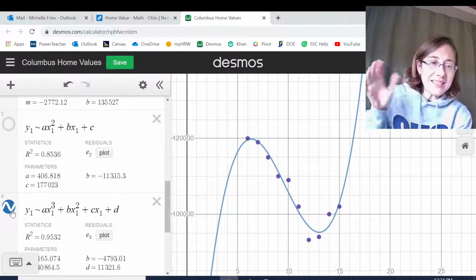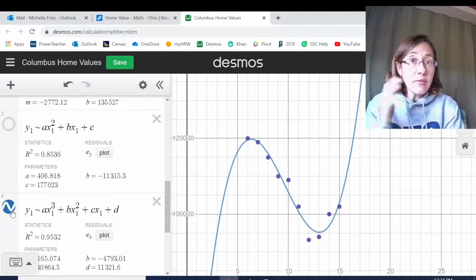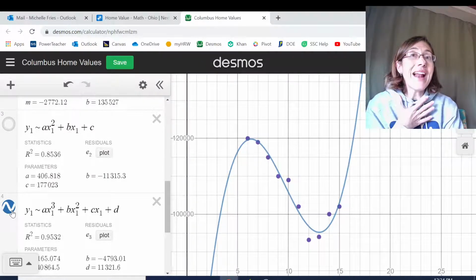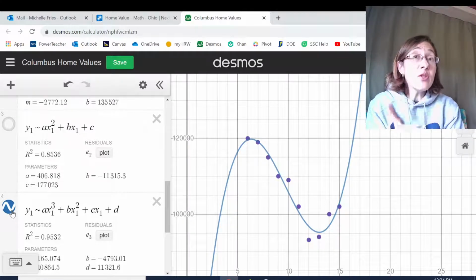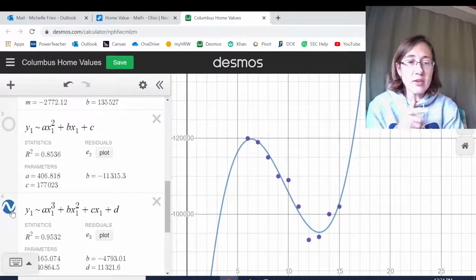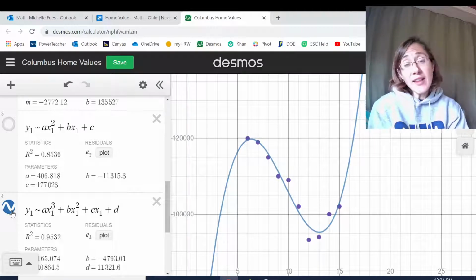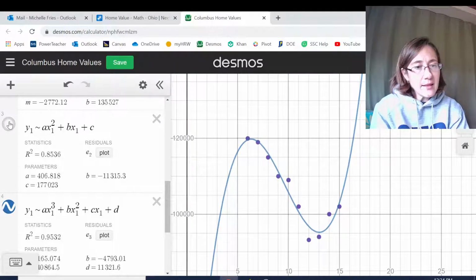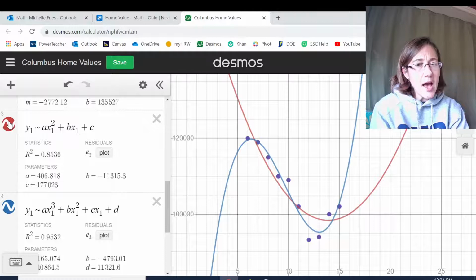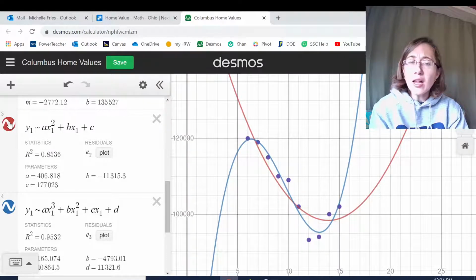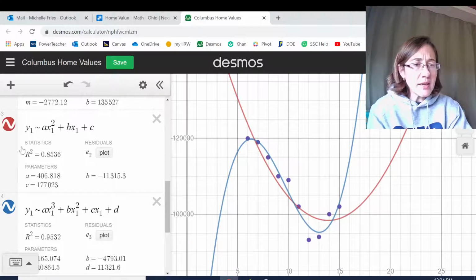They're the coefficients, or d is the constant on the end, in front of each of those terms, but I don't know what they are, so I want the computer to tell me what they are, and it is. I'll show you that in a minute. Okay, so I feel like that's a much better fit than this quadratic, because it's just staying closer to the points better.